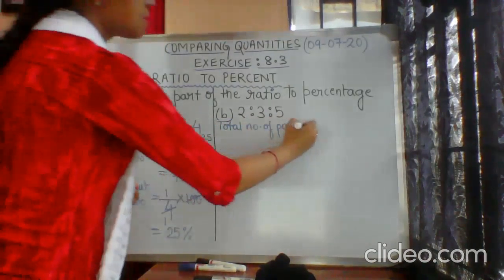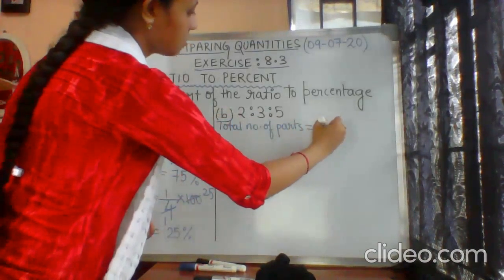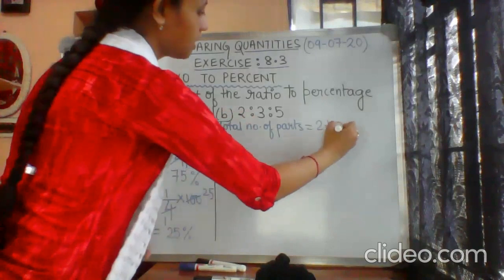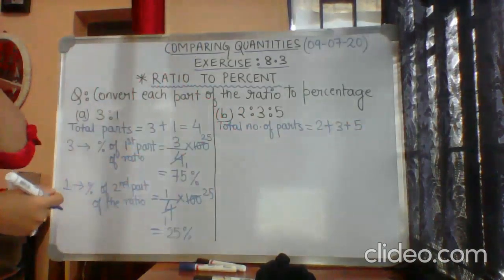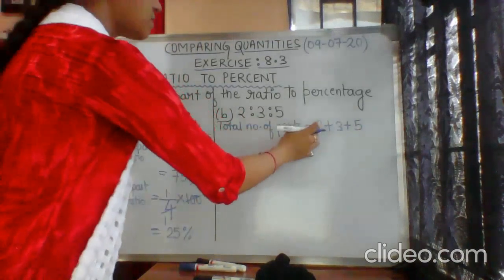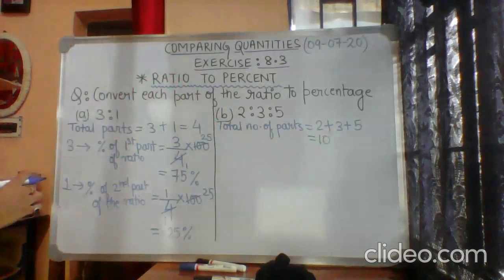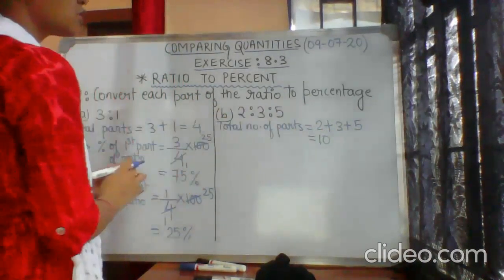Total number of parts equals, first part is having 2 parts, plus second one 3, plus third one 5. How much will it come? 5 plus 3, 8, plus 2, 10. Now we will find the percentage of each part of the ratio.